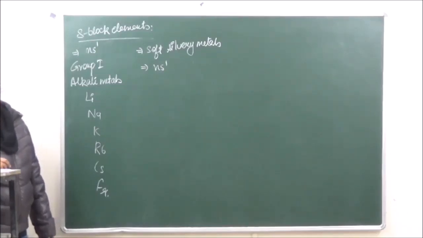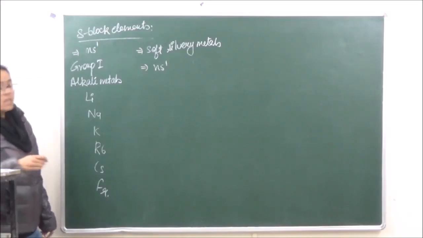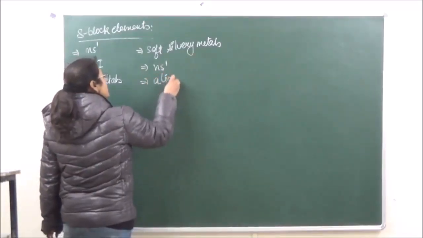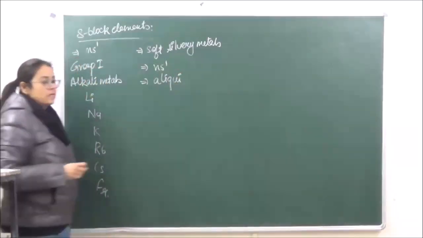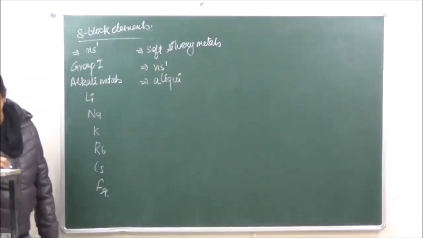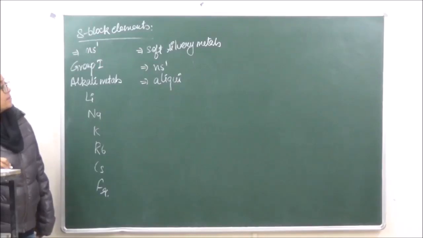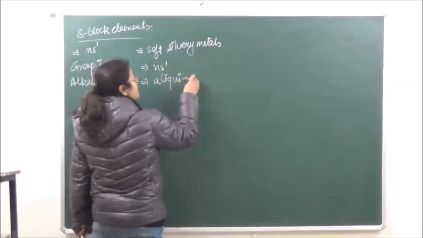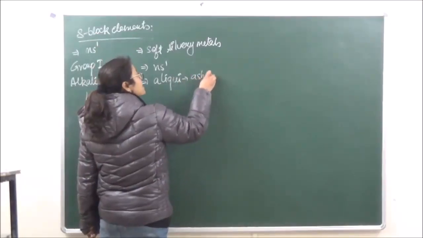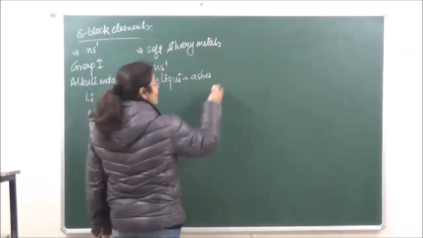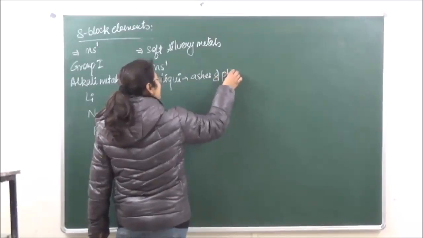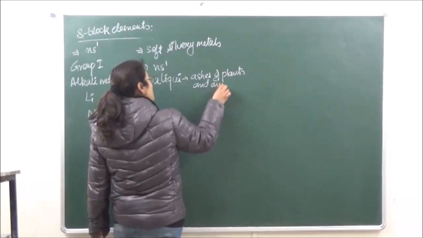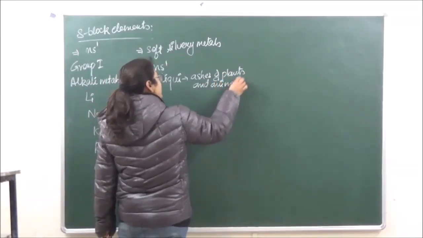Now the word alkali has been derived from an Arabic word, eliqui. Eliqui means ashes of plants and animals.